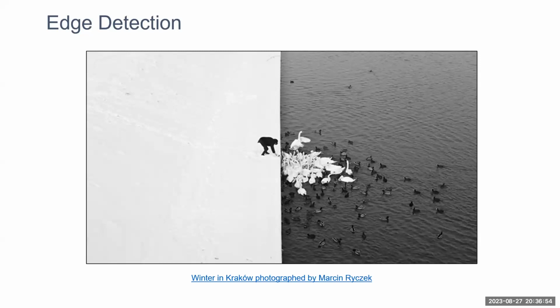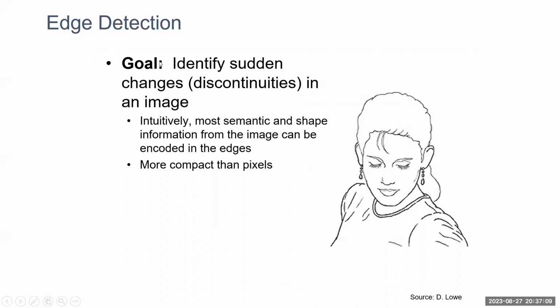Or rather, we can say it can help us identify sudden changes or discontinuities of an image, right? So if you look at the definition of edges, the goal is to identify sudden changes or discontinuities of an image.